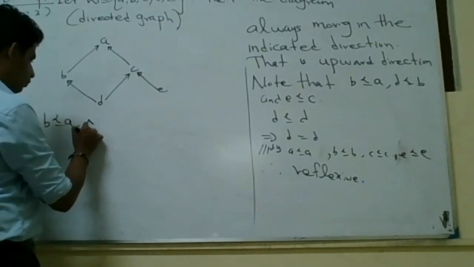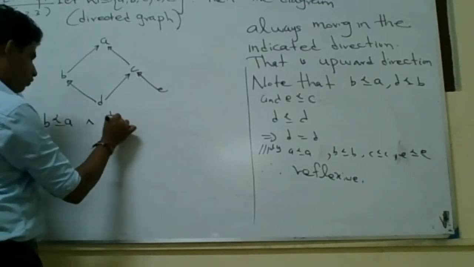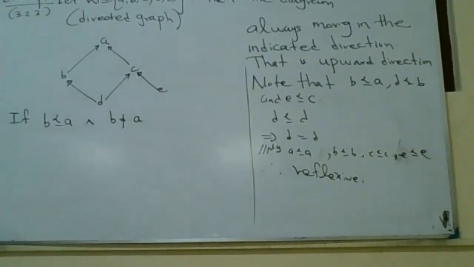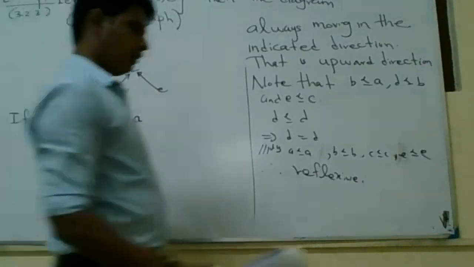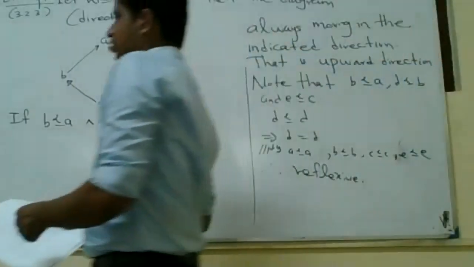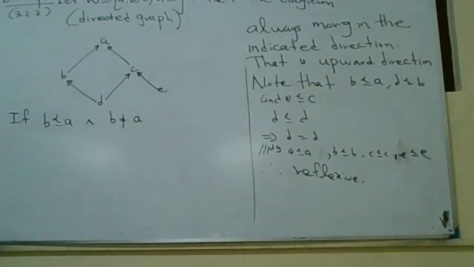B related to A. Suppose you take B not equal to A. What you want to show is that A does not precede B. So that means P and Q implies R. Suppose this one is false.